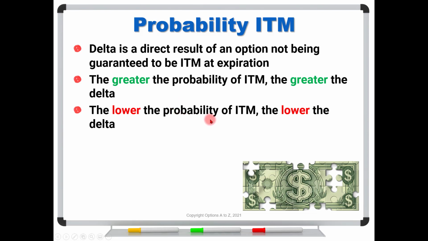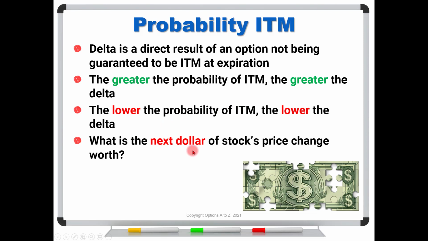And the lower the probability of this option being in the money at expiration, the lower the delta.